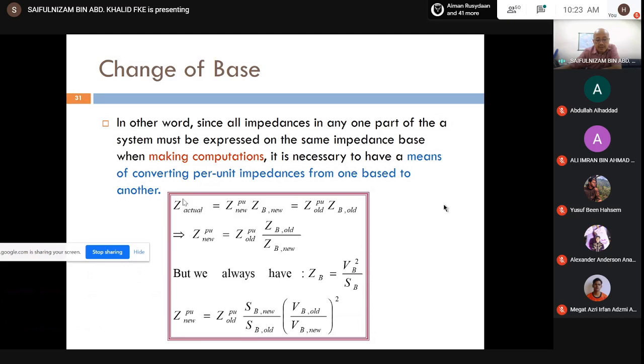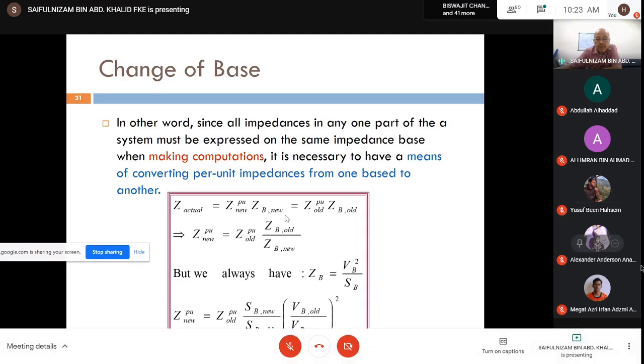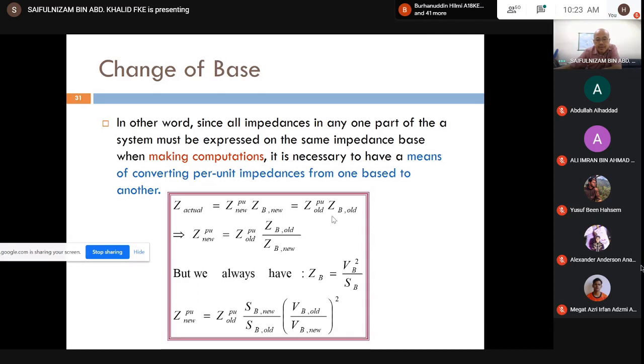So the actual impedance equals the per unit impedance new times base. Since per unit equals actual divided by base, the actual equals the per unit times base value. This is new, V base new or reference value, the new value, corresponding to the Z PU old, this one also base old value, times the old value.